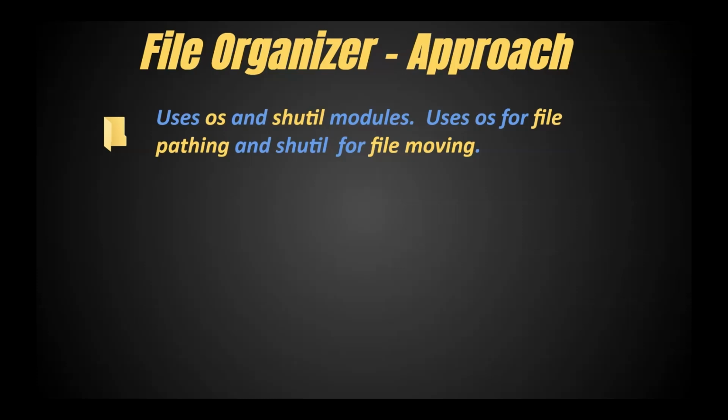The user is going to supply the folder path, and then I'm going to use OS to find the folder on the system, and then start gathering up the files that I will then classify by file type. I'm going to use shutil for file moving. Once I've rounded up all the files, I'm going to move them into subfolders using shutil.